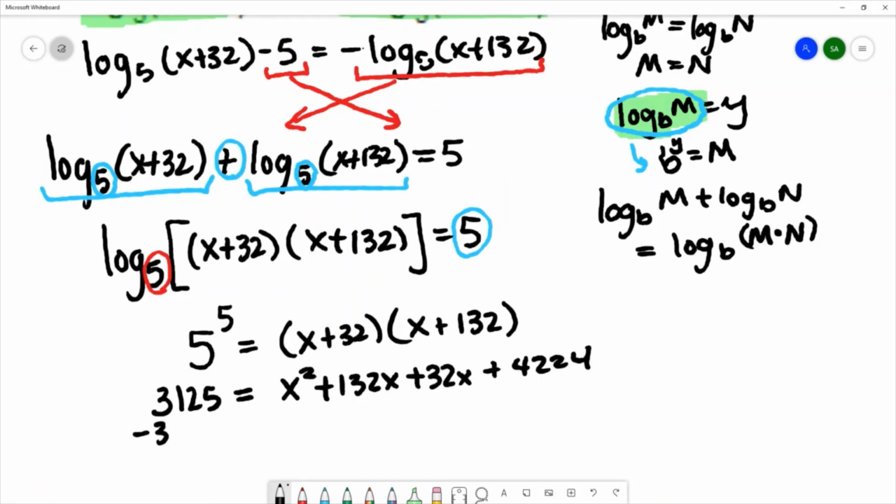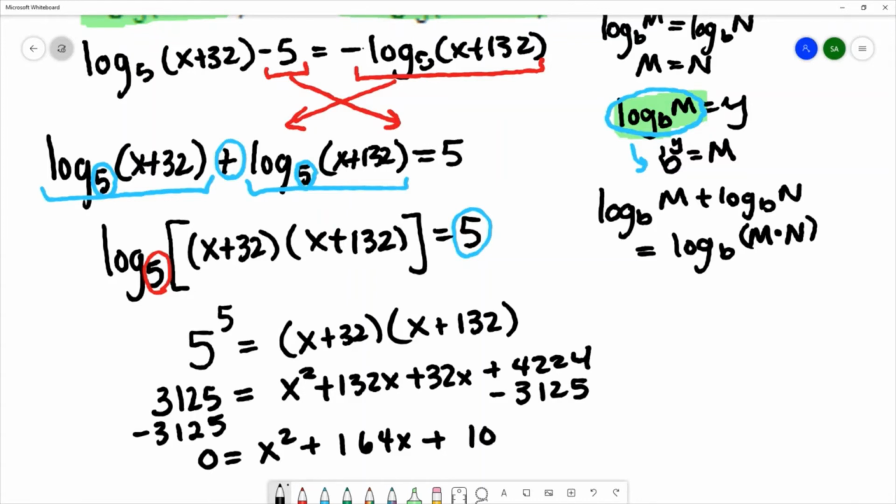I'm going to subtract this 3,125 to the other side, and also combine like terms. 132 plus 32 would be 164x. And we need to do 4,224 minus 3,125. That is 1,099.